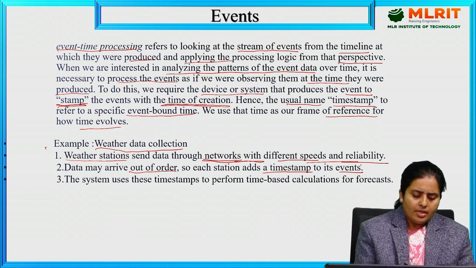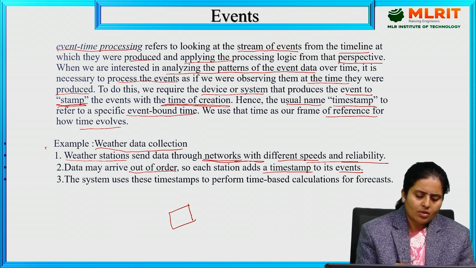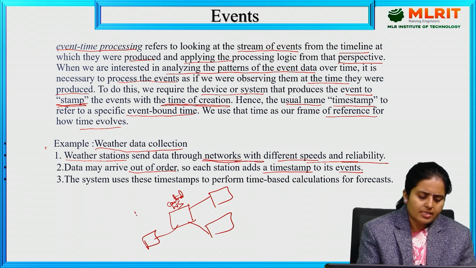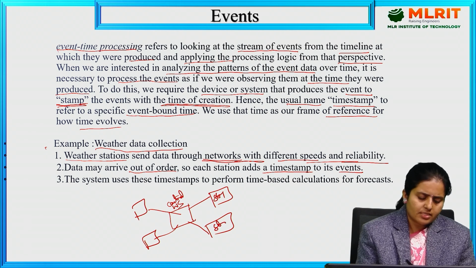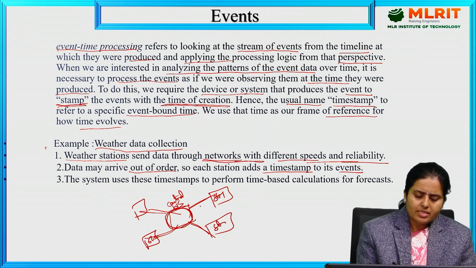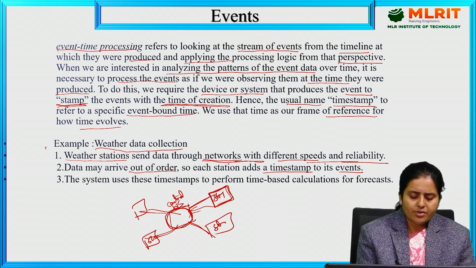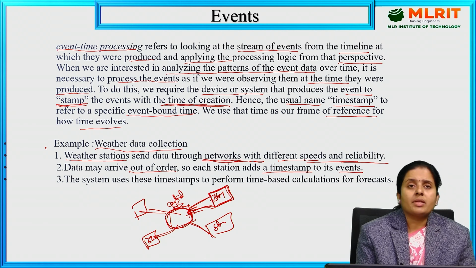Suppose we take one weather station, which I can call a central weather station, from which I can get the data of all the other weather stations and monitor them. So this is one station, this is another station, this is another station. Like that, one central weather station is connected to multiple weather stations. From each and every station the data is generated in the form of events, in a continuous form, to the central weather station.